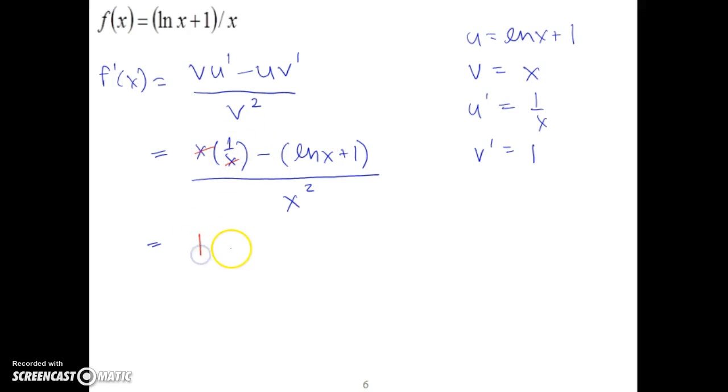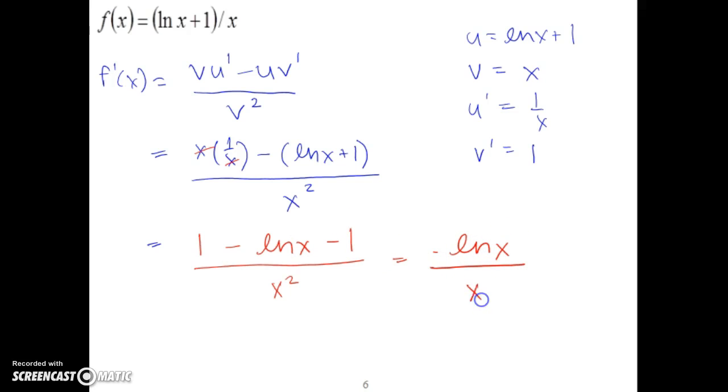And we get 1 minus natural log x, and then when we distribute the negative here, we get minus 1 over x squared. And do you see the 1's drop out? We've got 1 minus 1, so we have natural log x over x squared. So the derivative, f prime of x here, is going to be negative natural log x divided by x squared.